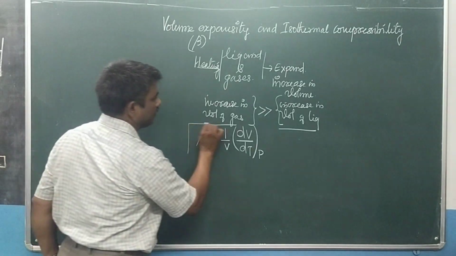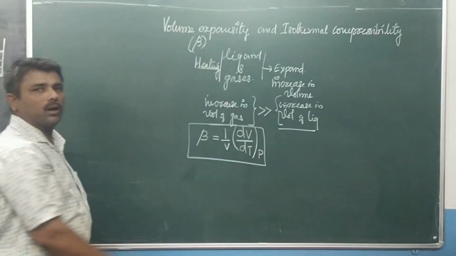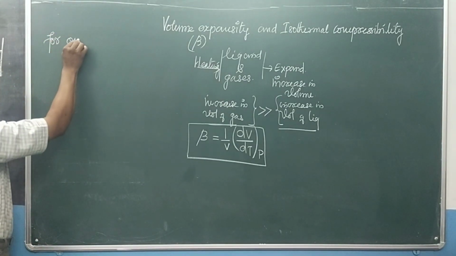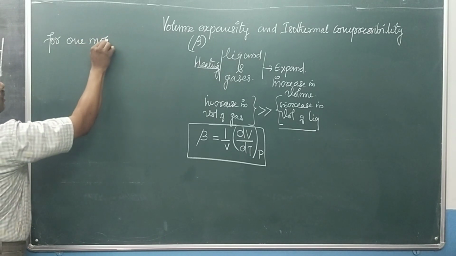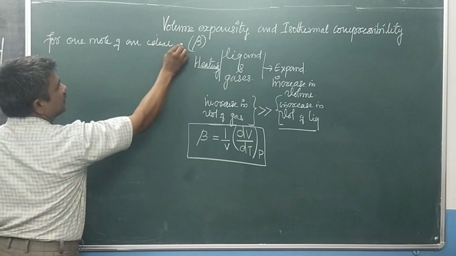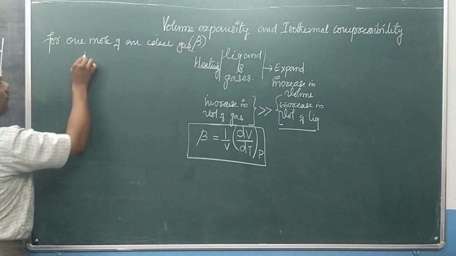For 1 mole of an ideal gas, PV is equal to RT.